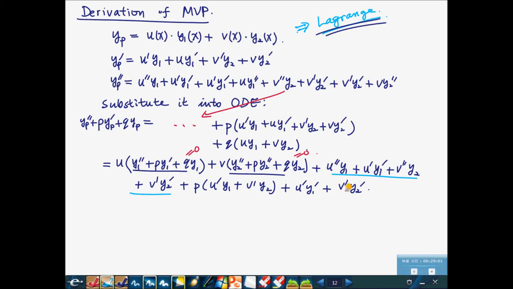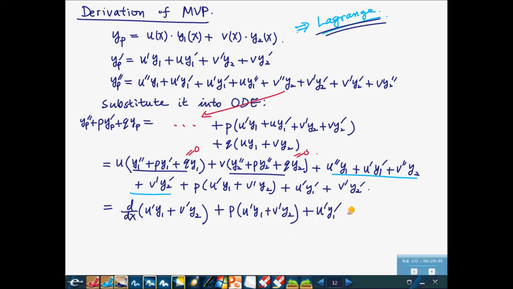Yeah, we could find a pattern from there, right? Which is d over dx of U prime Y1 plus V prime Y2. These 4 terms are that, right? And plus P times U prime Y1 plus V prime Y2 plus U prime Y1 prime plus V prime Y2 prime.